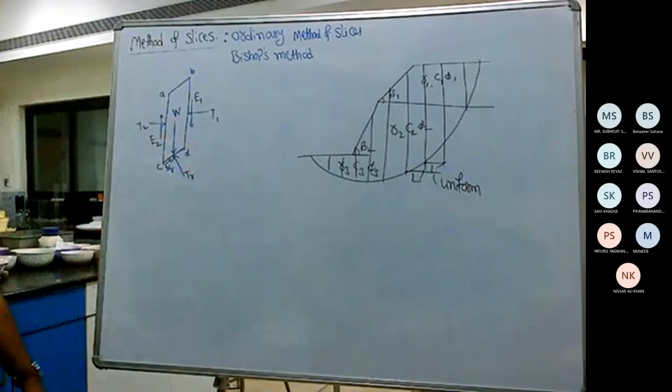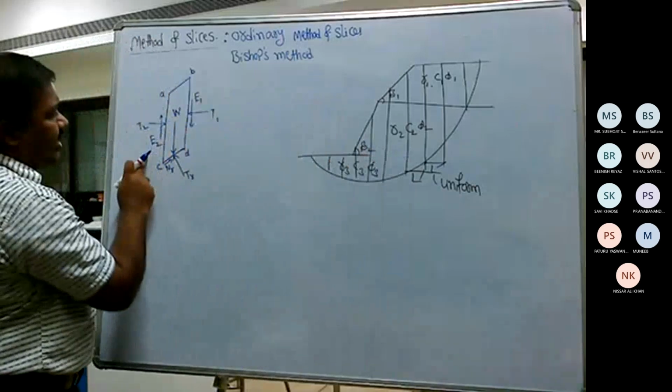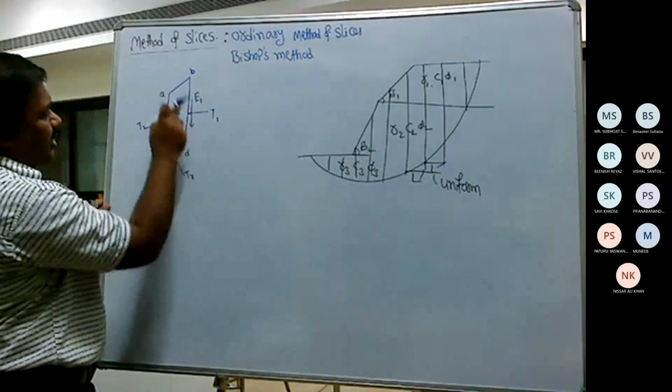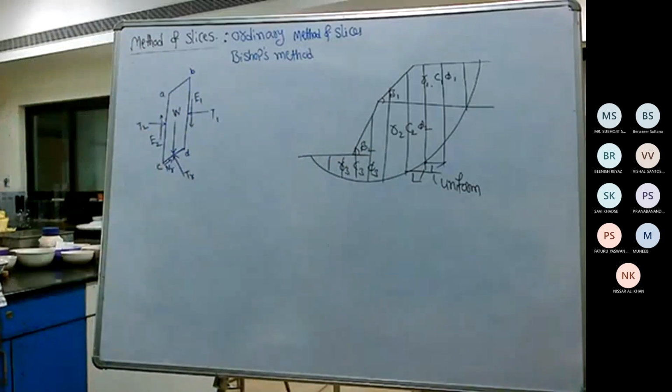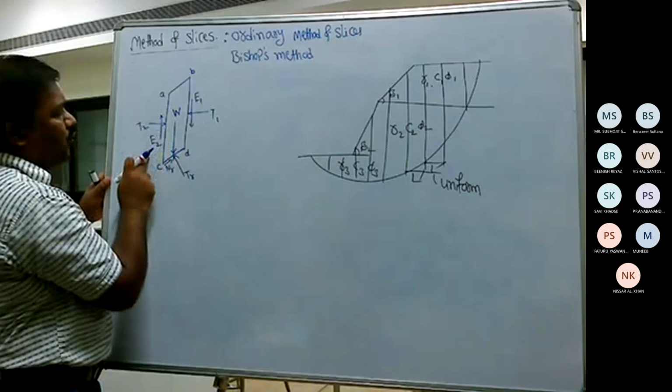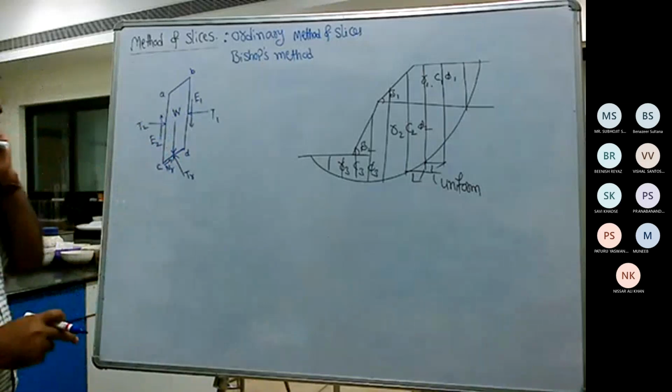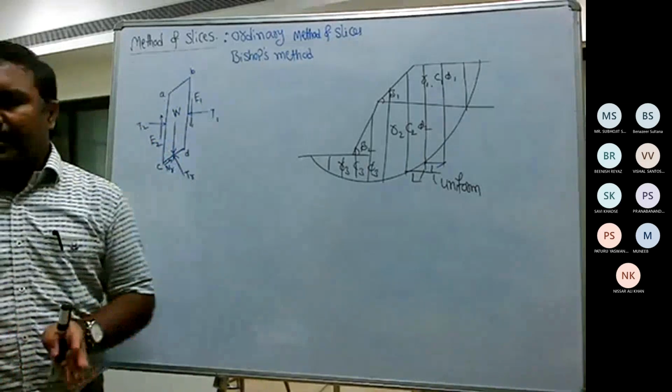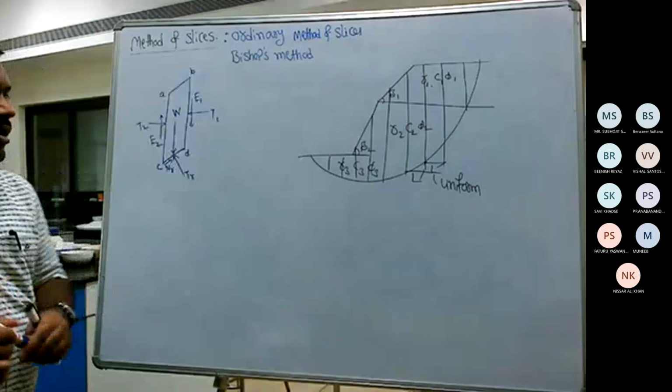If you take any slice and draw a free body diagram, this is how it looks: A, B, C and D. E1, T1 and E2, T2 are the normal and tangential forces acting on either side of each slice.